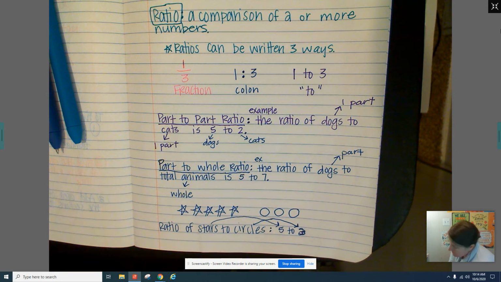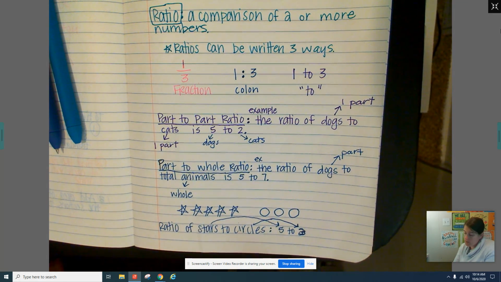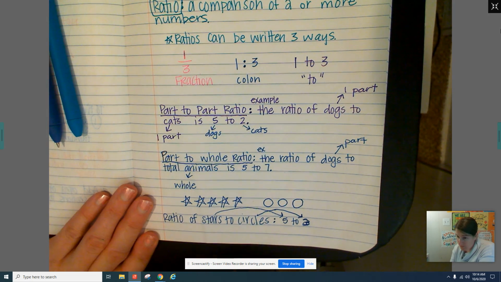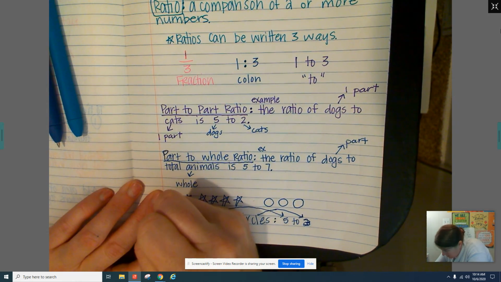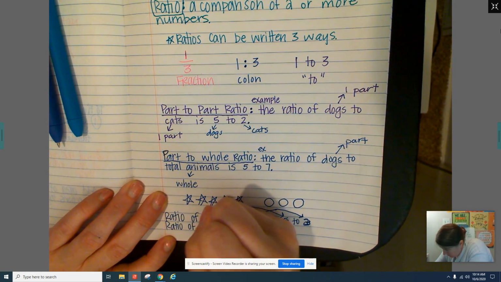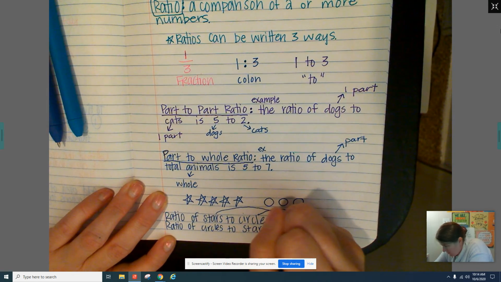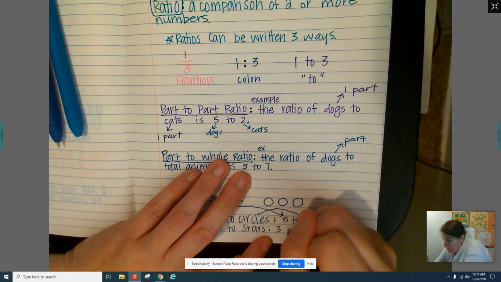So what I really want to bring to your attention here is that the order in ratios is really important, because the ratio of stars to circles is going to be different than the ratio of circles to stars. The ratio of circles to stars is going to be 3 to 5.